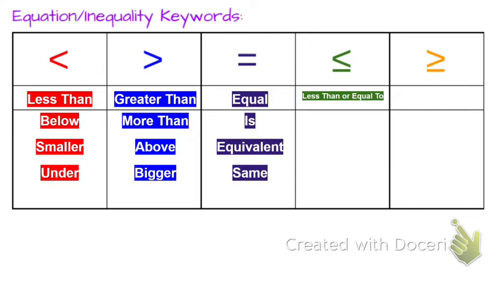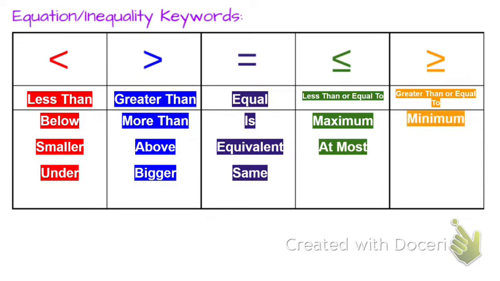Keywords you would see for this one would be maximum and at most. And looking at our very last one, this one represents greater than or equal to. The most common keywords would be minimum or at least.